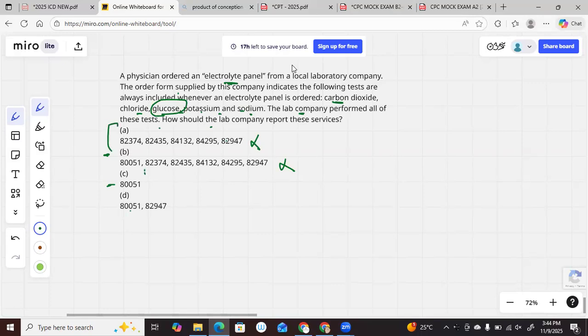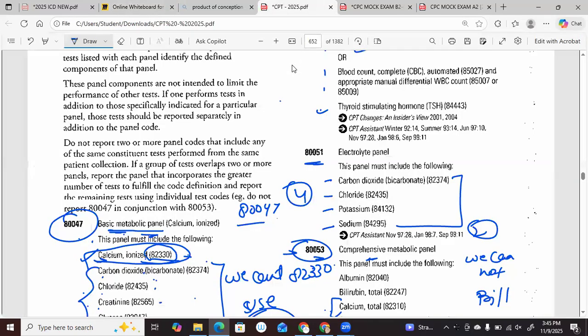Now we are left with options C and D. So the answer should be D because we have to bill glucose separately. 82947 is for the glucose and we have to bill that separately. Gauri, we cannot bill components separately if we have a particular panel code for that. So if we have the panel for these 4 components, we have to code the panel only.